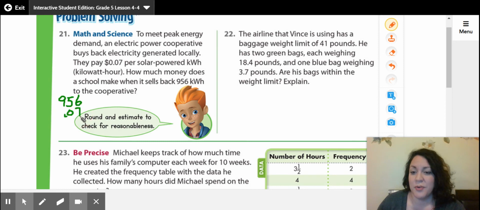So this is a good example of real world 7/100ths. Each penny is a hundredth. This is how I set up my problem. 7 times 6 is 42. I put the 2 there, carry the 4.